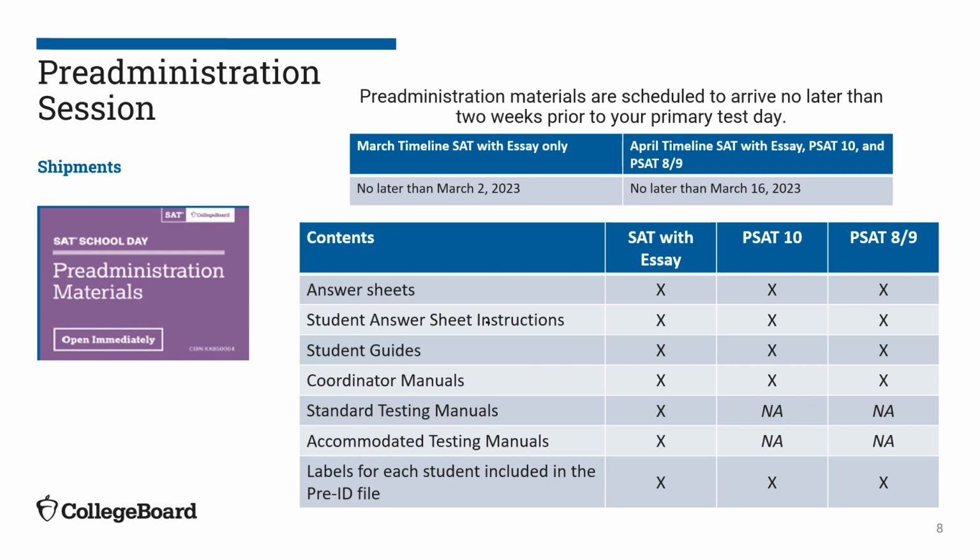And April 12th testers, including PSAT 10 and PSAT 8-9, will receive their pre-administration materials no later than March 16th. The contents include answer sheets, student answer sheet instructions, student guides, coordinator manuals, and for SAT with Essay, standard testing manuals and accommodated testing manuals.